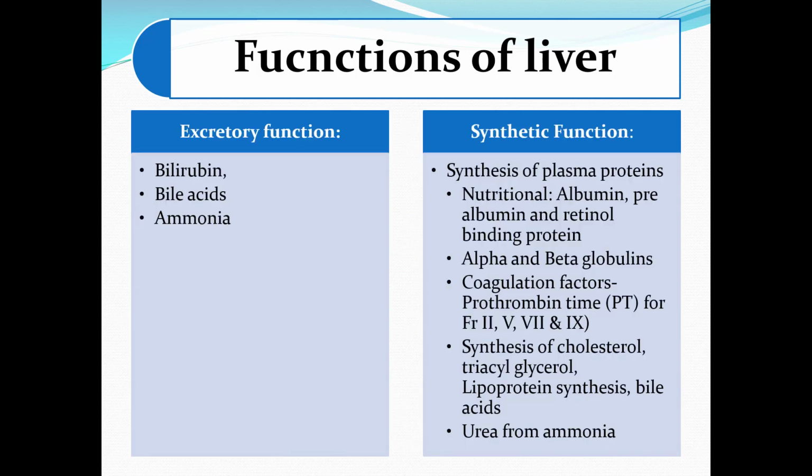Going into individual ones: excretory functions, which we already mentioned, are bilirubin, bile acids and ammonia. Synthetic function, which we have seen: plasma proteins, albumin, prealbumin, retinol binding protein, alpha and beta globulins, coagulation factors, cholesterol, triacylglycerol, lipoprotein, urea from ammonia.